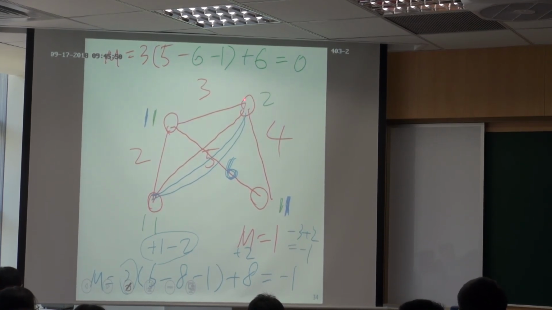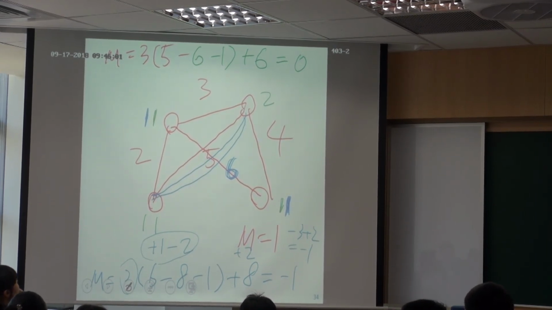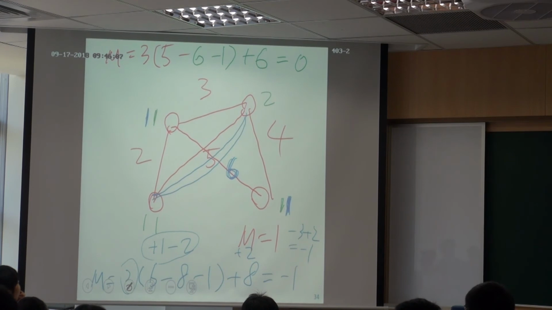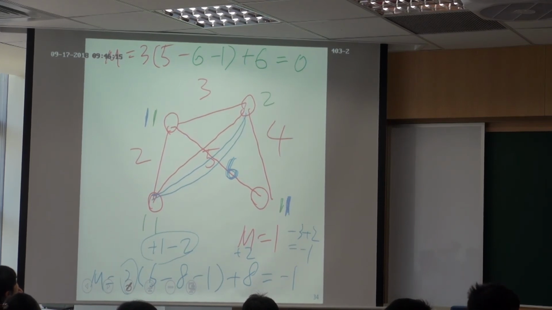But actually, when you add link number 6 into the mechanism, it's not going to influence the mobility of this mechanism. But mathematically, it will minus 1, which caused the mistake. Any question about this one?